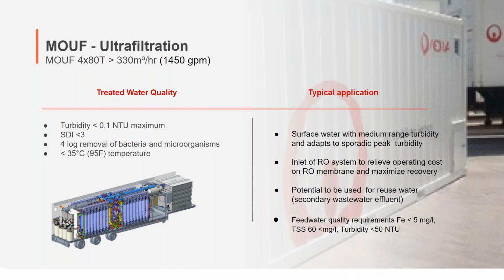There's an onboard CIP cleaning system, and even a combined backwash and filtered water storage tank. When our UF is supplied as pre-treatment to an RO system, the RO can be designed with higher recovery, which dramatically reduces capital and operating costs.